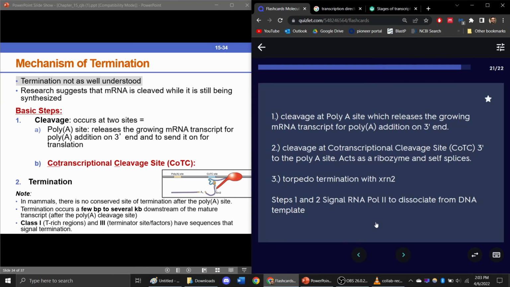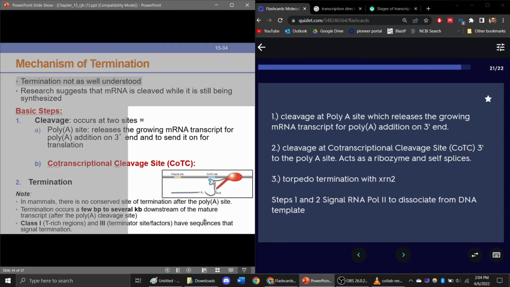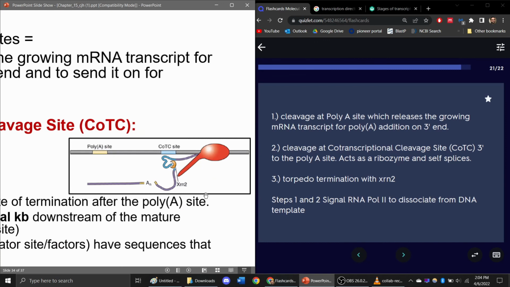Once CPSF cleaves at the polyA site, it releases your growing mRNA transcript. So I'll zoom in here. CPSF cleaves here. And then you have in the DNA code something downstream from that poly-A site called the COTC site.